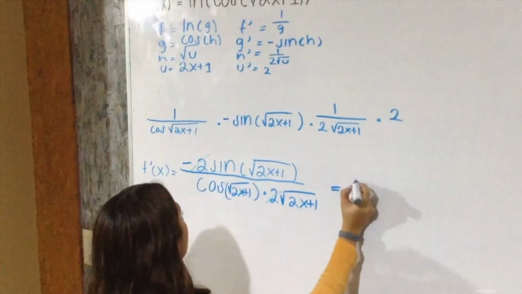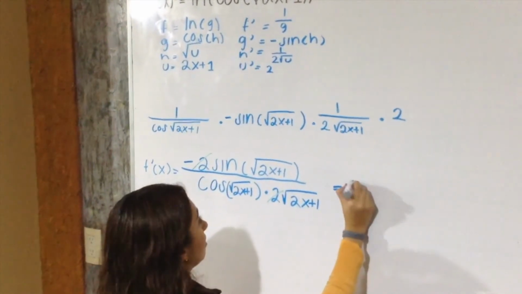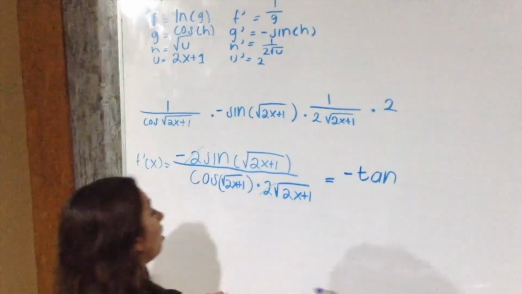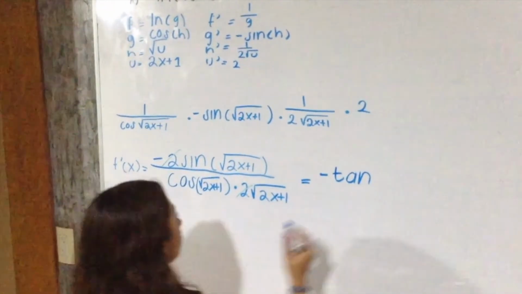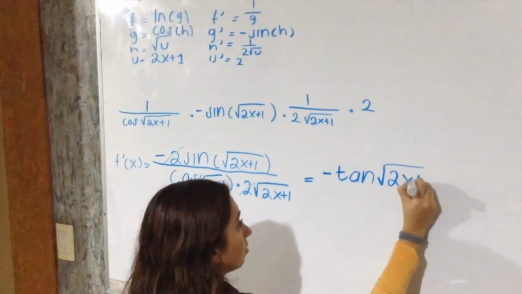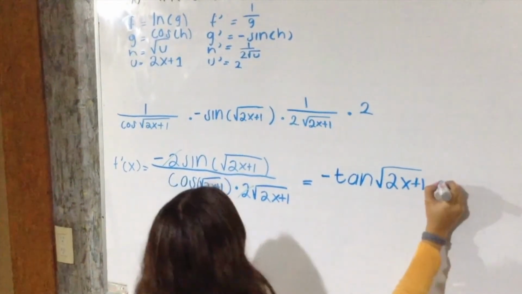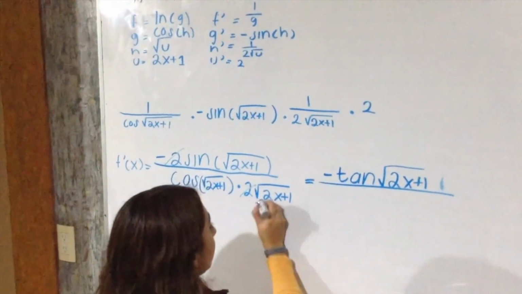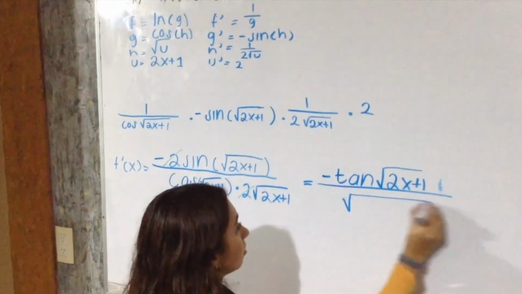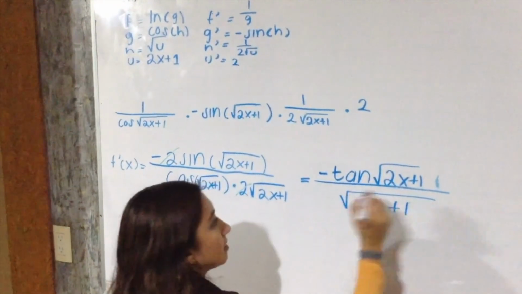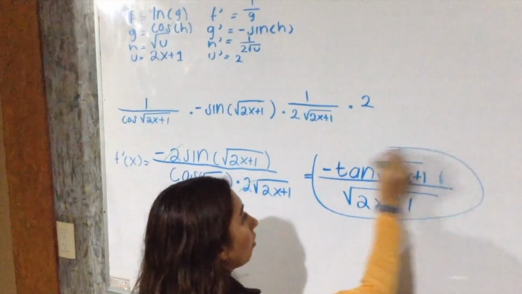So I'm going to have minus tangent of square root of over this one that is down, and this is the result of my function.